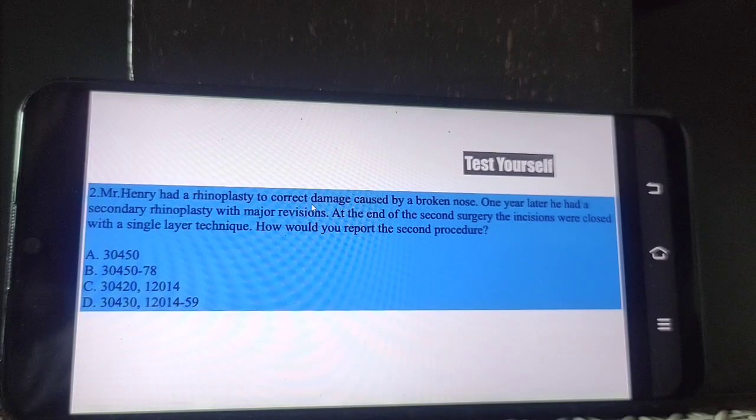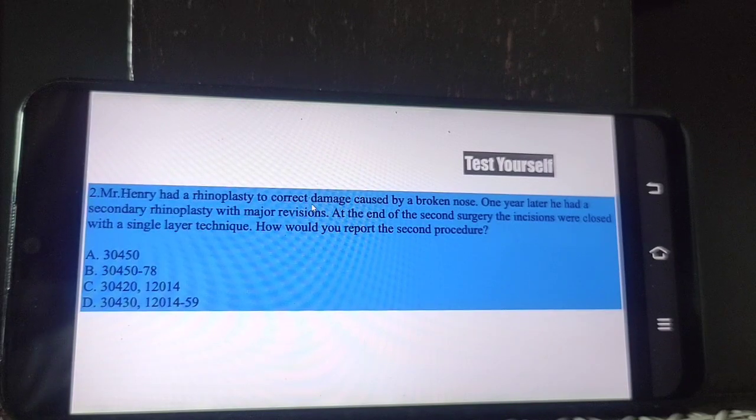After completion of the primary surgery, the doctor decides on the secondary procedure. Procedures of that type are called secondary surgical procedures. So it's a planned one, and that's why you should not append modifier 78.